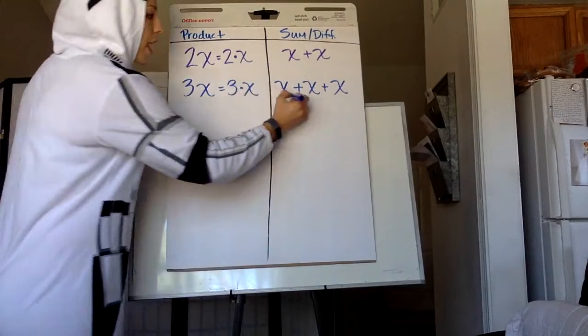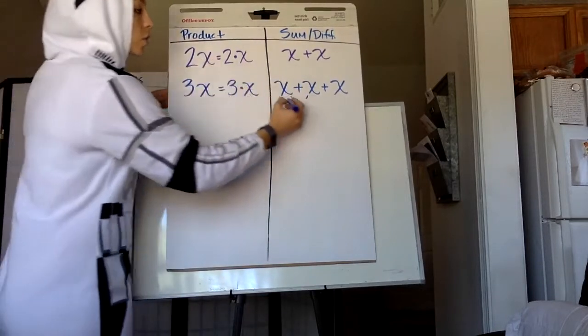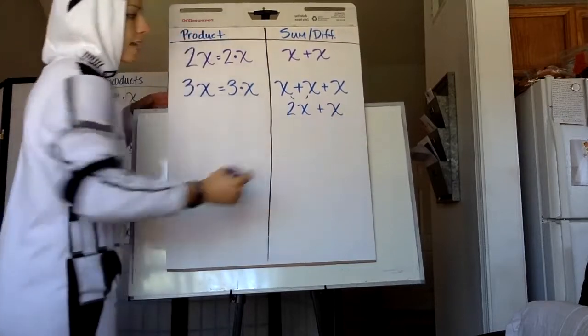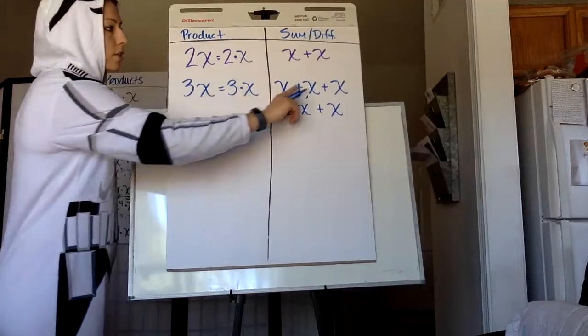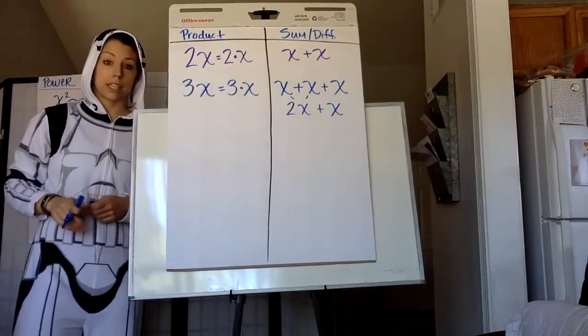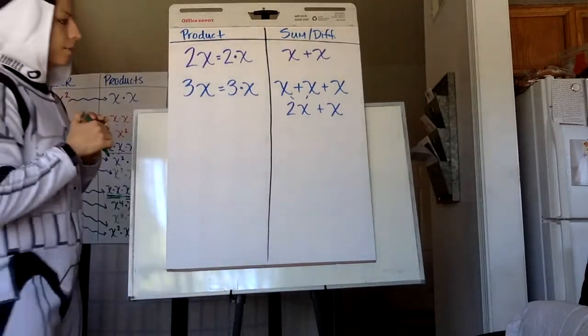Well, we know x plus x is equivalent to 2x. So you could also write this as 2x plus x, and that would be equivalent to 3 x's, right? 1, 2, 3 x's, 1, 2, 3 x's. They are equivalent expressions.